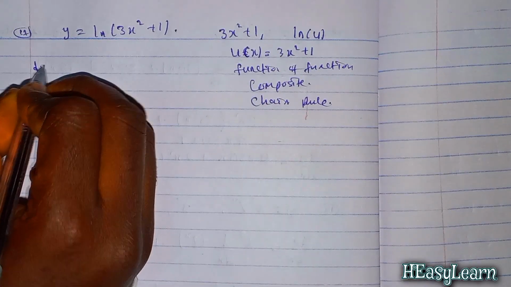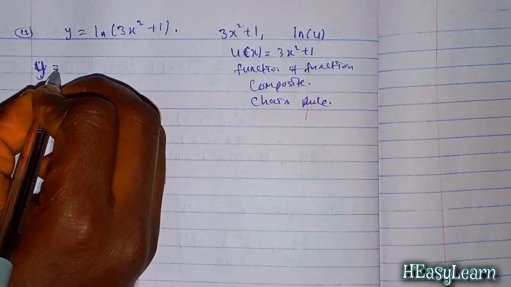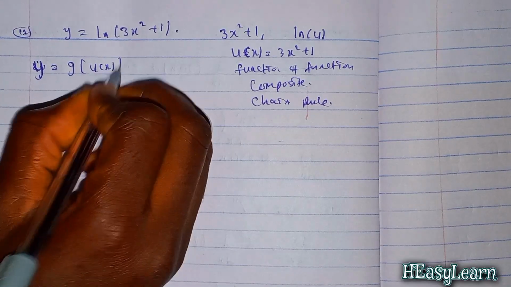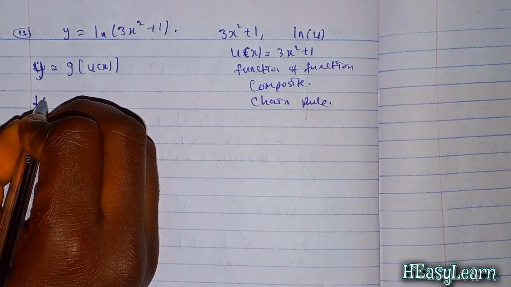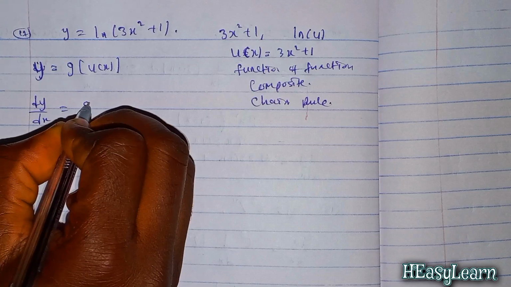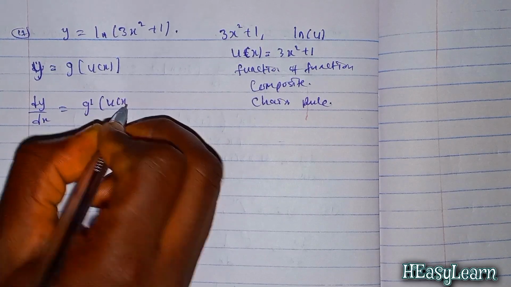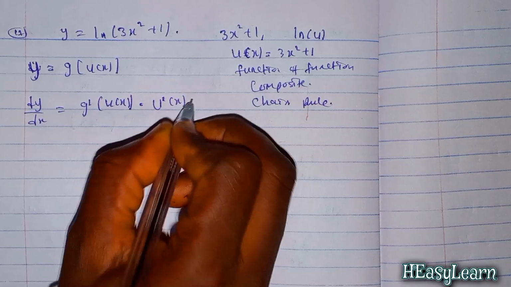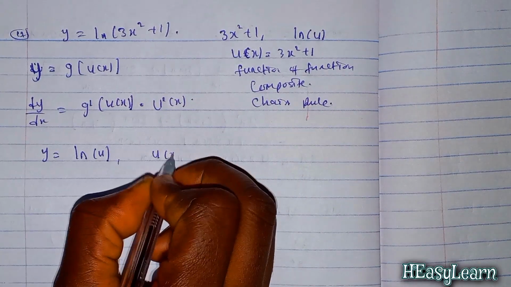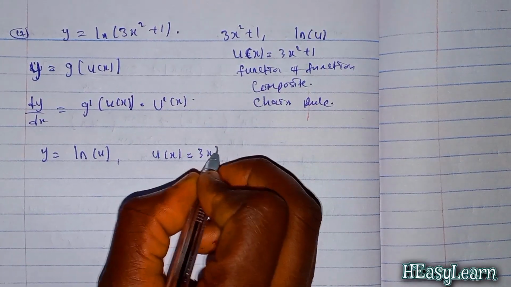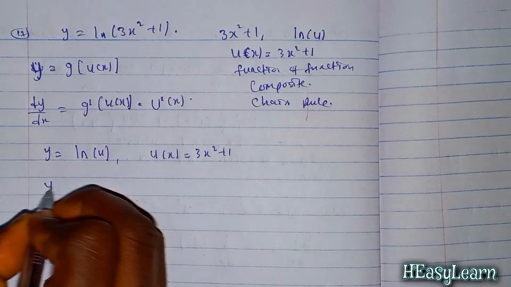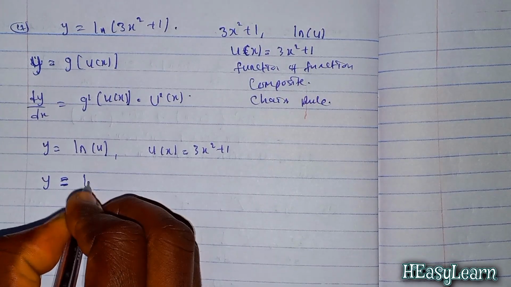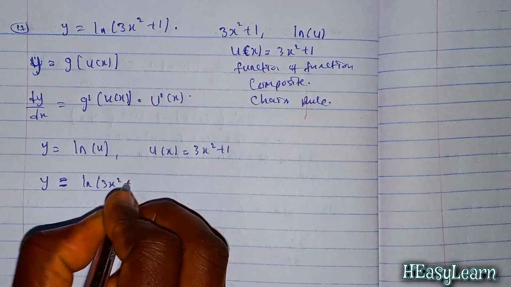So by the chain rule, if the function is of the form g of u of x, then the derivative of the function is g prime of u multiplied by the derivative of u, where u is the function 3x squared plus 1. So y is the function ln of (3x squared plus 1).